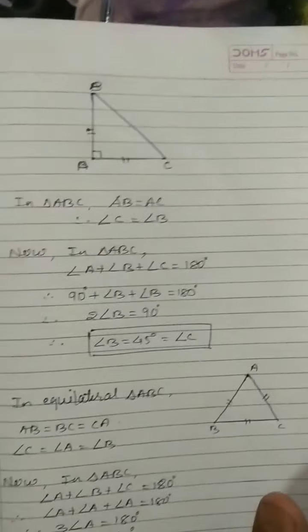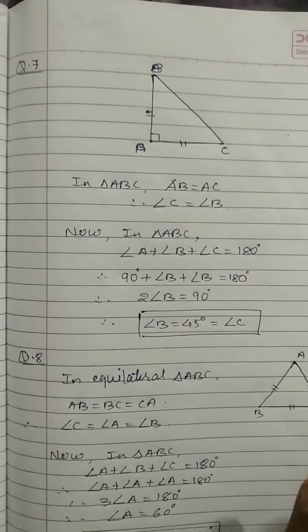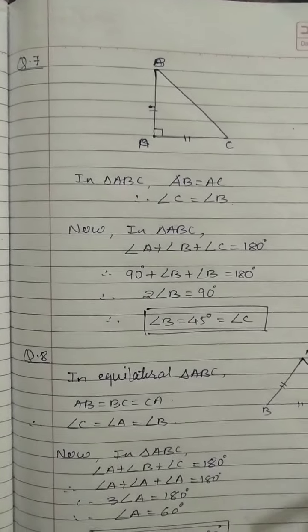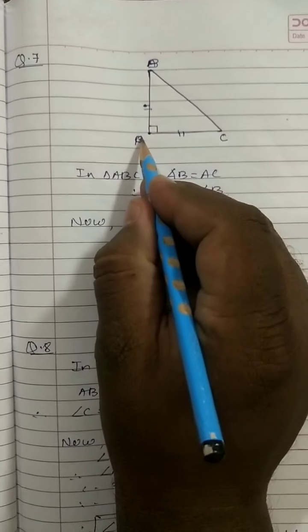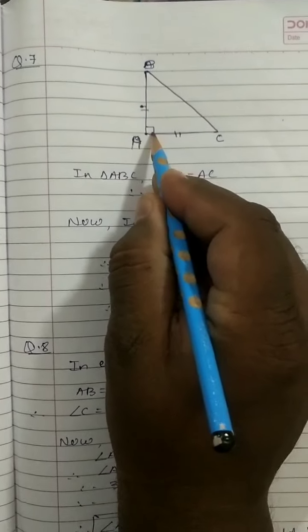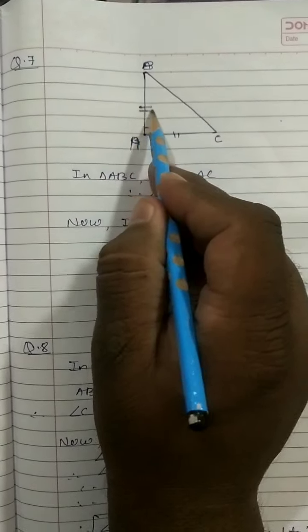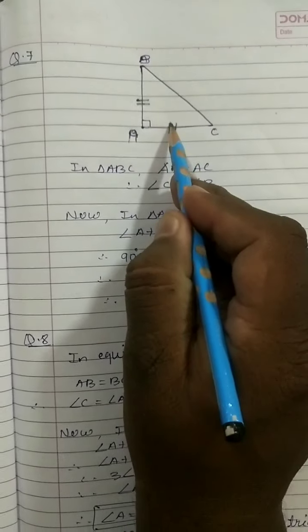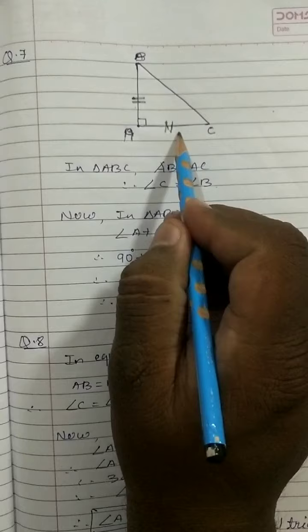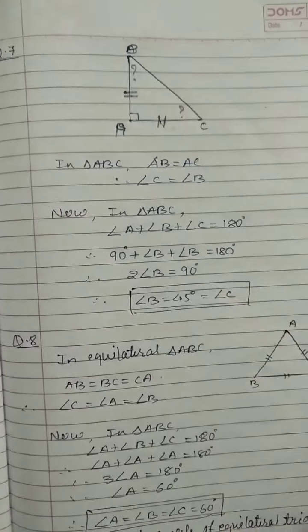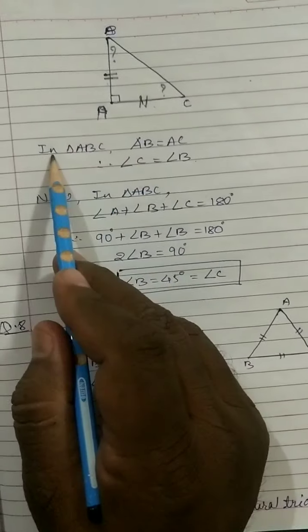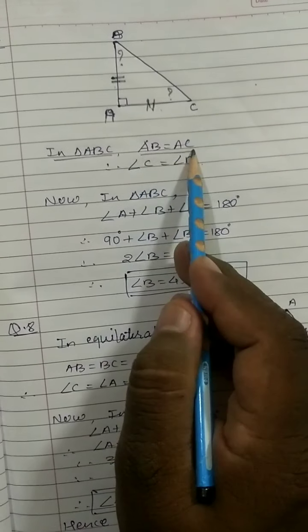Okay. Question number 7. It is given that in triangle ABC, angle A is a right angle having two sides equal. That is AB and AC are equal here. So we have to find out angle B as well as angle C. Right? Okay, see. In triangle ABC, AB and AC are equal.